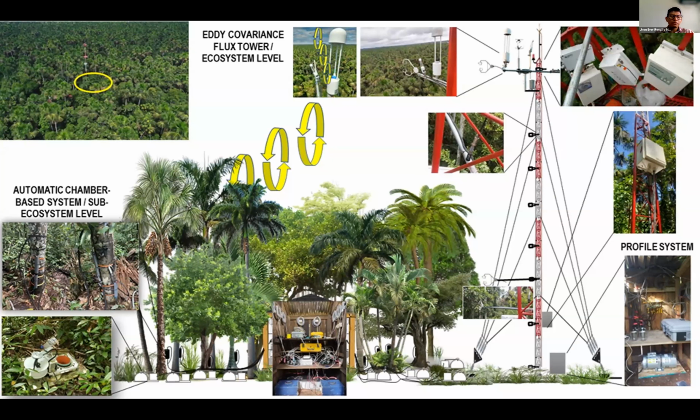It measures carbon dioxide and methane fluxes at sub-ecosystem level, trying to understand how these components, the soil and stem fluxes, contribute to the overall ecosystem fluxes. 8 soil chambers were installed covering the spatial variability of the site, and on 8 selected plants, stem chambers were installed at 50 centimeter height, which were constantly measured.